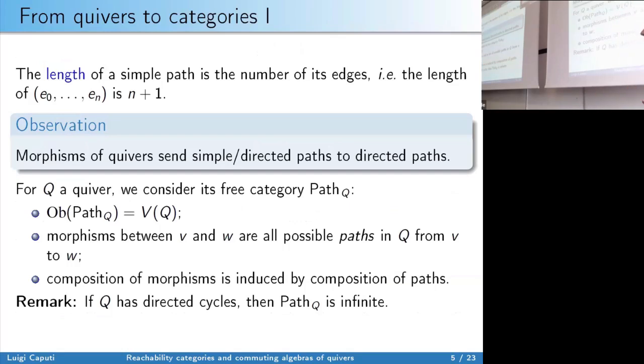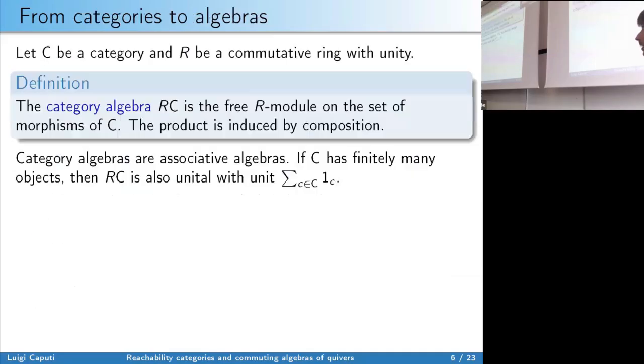And in fact, we can build up, as described before, the path category on a quiver. The objects are the vertices of the quiver, and the morphisms are going to be the paths between the objects. Another remark I want to give you here is that if Q has directed cycles, then the category you generate this way, which we denote by path Q, is infinite. It's not a finite category. And this is because you have many loops.